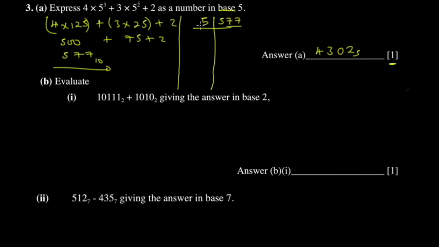Here you divide by 5 repeatedly, noting down the remainder. 5 into 577 you get 115, remainder 2. 5 into 115 you get 23, remainder 0. 5 into 23, you get 4, remainder 3, because 5 into 23 goes up to 20 and we're left with 3. Then 5 into 4 is 0, remainder 4.